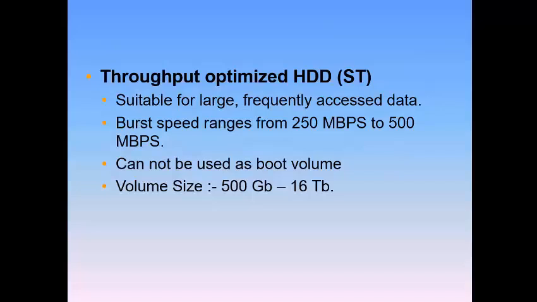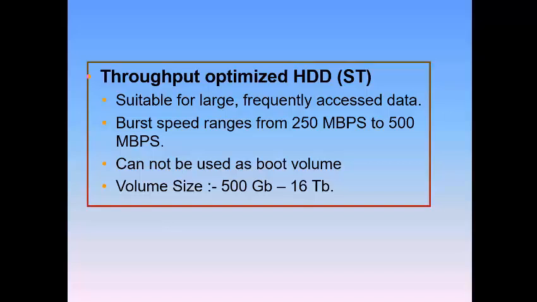Next is throughput optimized HDD. Suitable for large, frequently accessed data. Burst speed is also more, 250 Mbps to 500 Mbps.